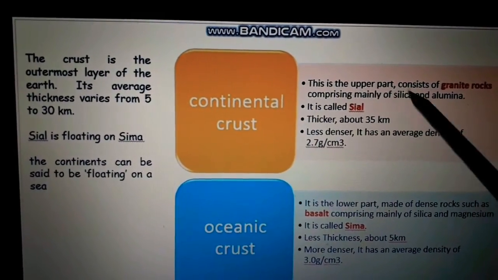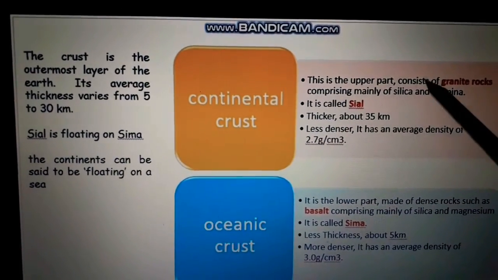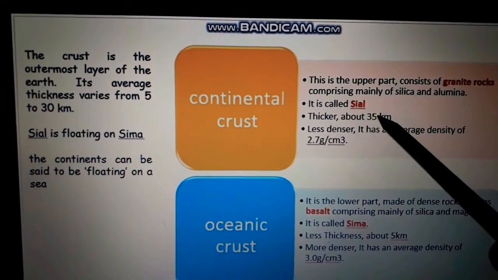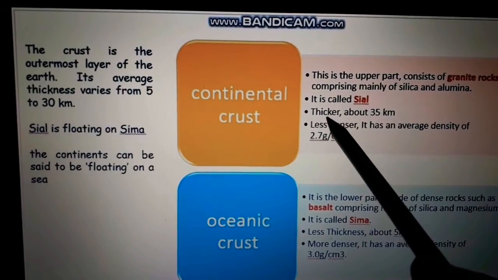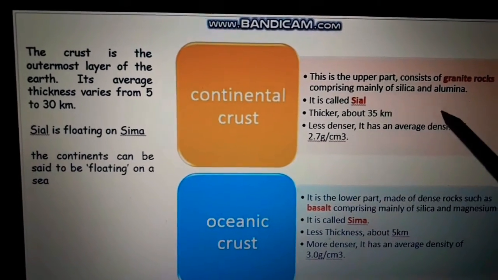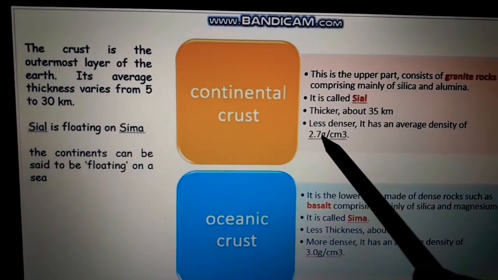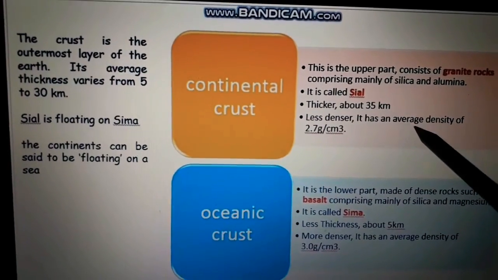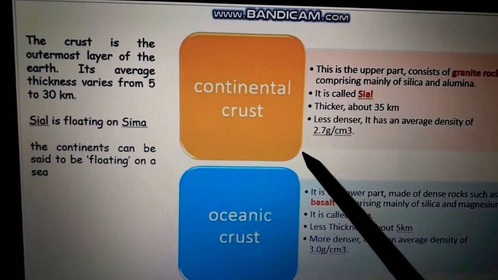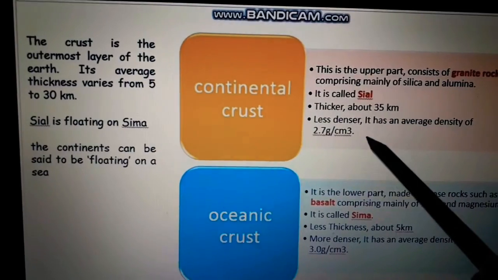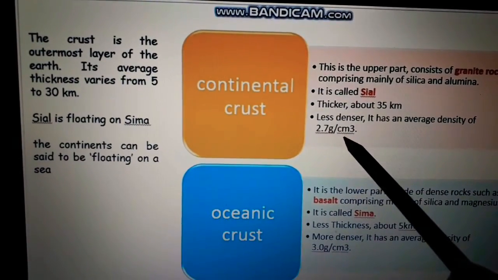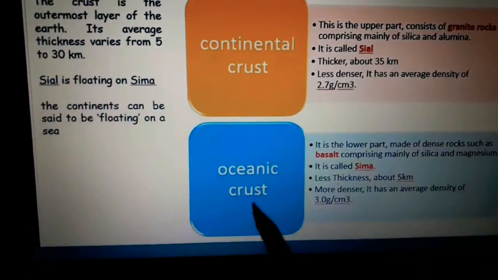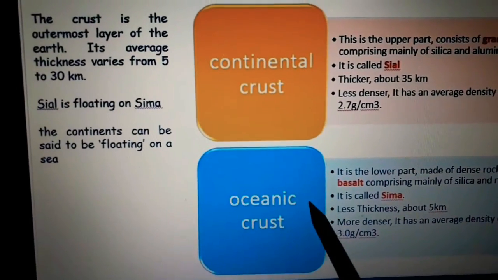Okay, so silica we take Si, alumina we take Al. So sial. Okay, and this is thicker, about 35 km, and less dense. It has an average density of 2.7 grams per centimeter cube.